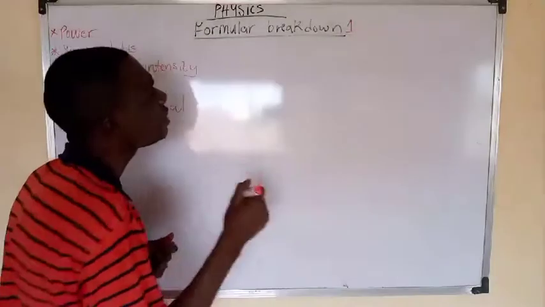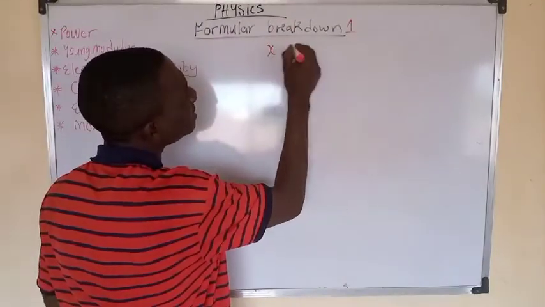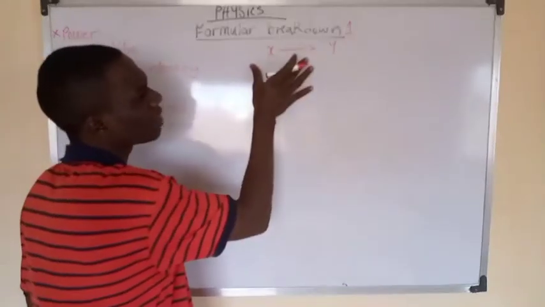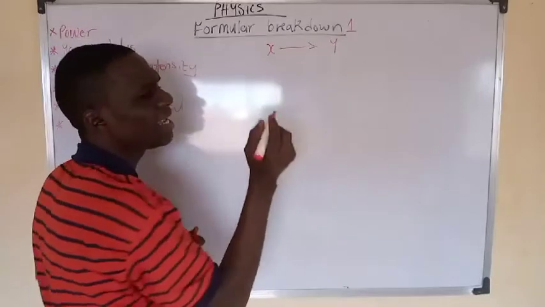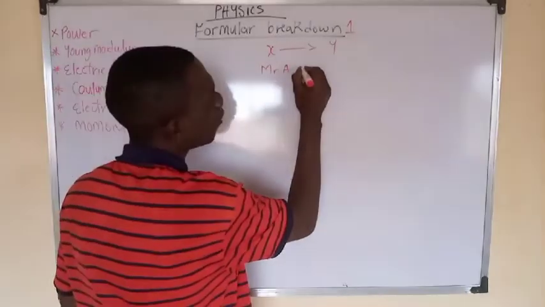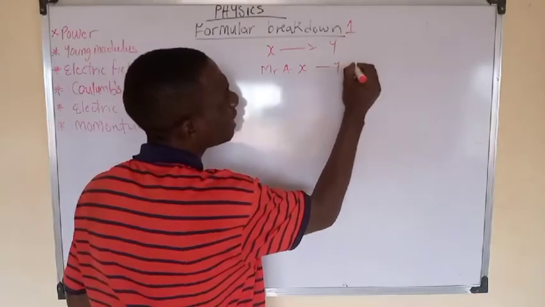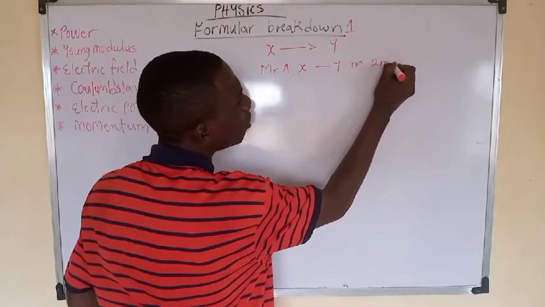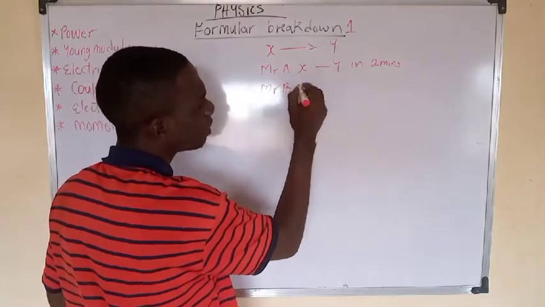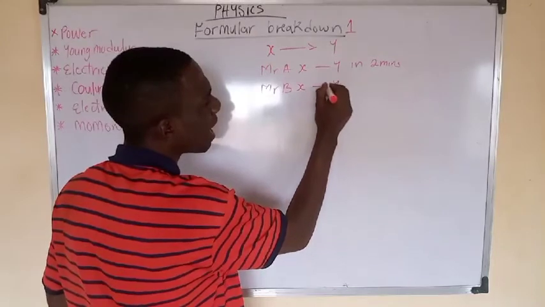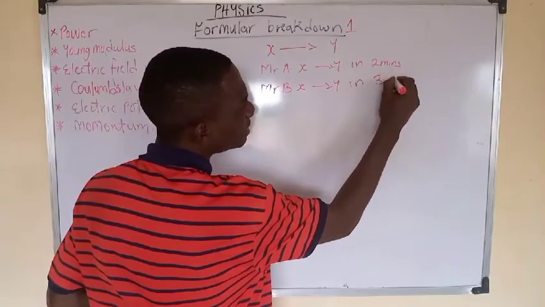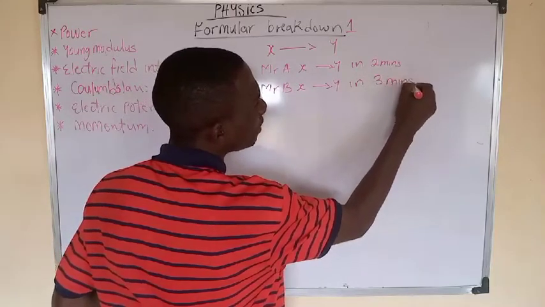If, for instance, we are to take a bucket of water from point X to point Y, and let's say Mr. A takes the bucket of water from point X to point Y in 2 minutes, while Mr. B takes the bucket of water from point X to point Y in 3 minutes.